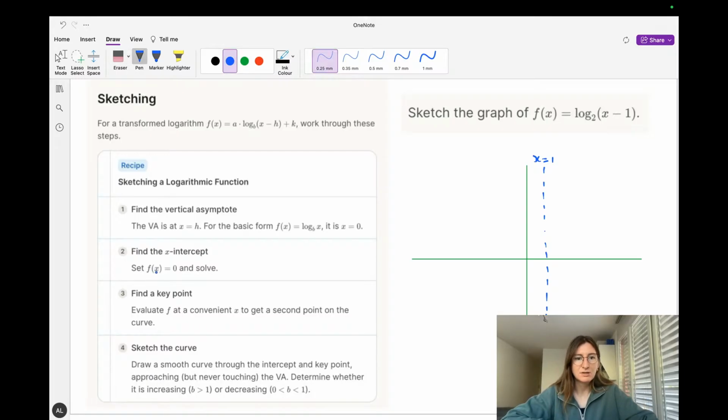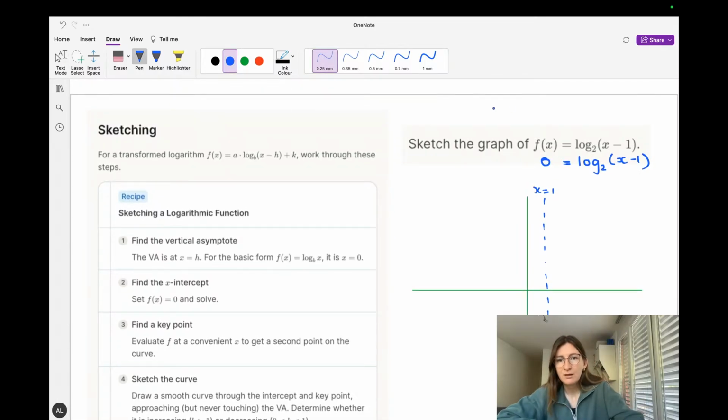Then set it equal to 0 to find the x-intercept. So set this equal to 0, log base 2 of x minus 1. And now some log laws. In order to solve something with log, I need to have log on the other side so that I can get rid of it. So I need to turn this 0 into a log base 2 of something that's going to give me 0.